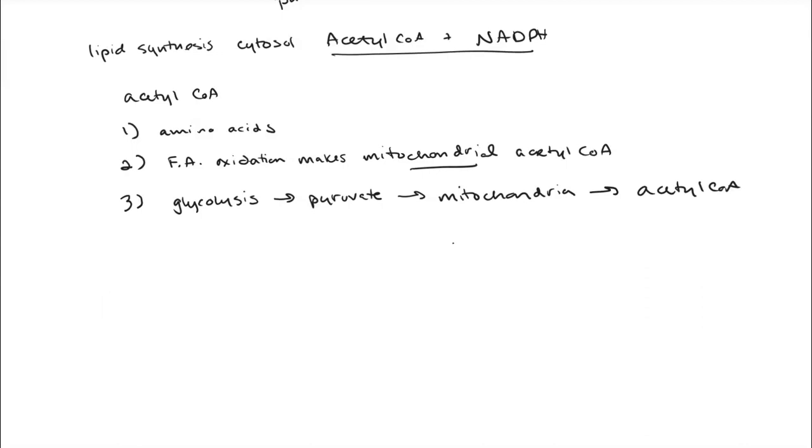And here, it can be converted back into acetyl-CoA and oxaloacetate by ATP citrate lyase. So this cycle is called the citrate-malate pyruvate shuttle. And what it does is it provides cytosolic acetate units and some reducing equivalents for fatty acid synthesis.